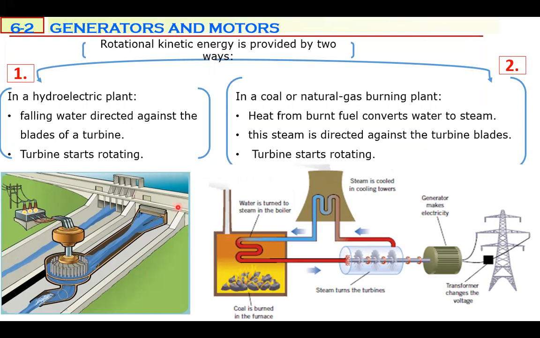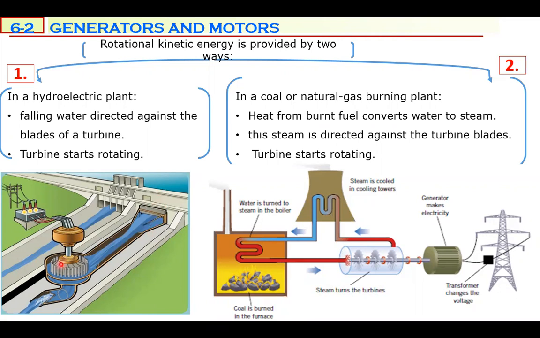So this rising water accumulates potential energy. When you open a gate, the water flows down, and of course, as it flows down, this potential energy is converted to kinetic energy of the water flow.